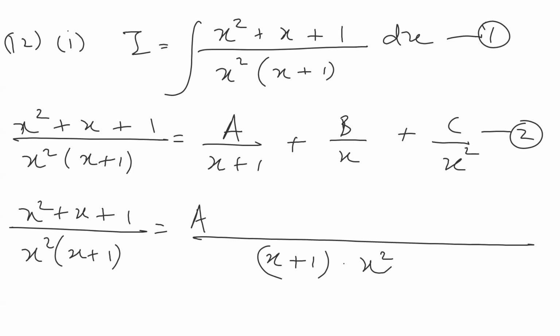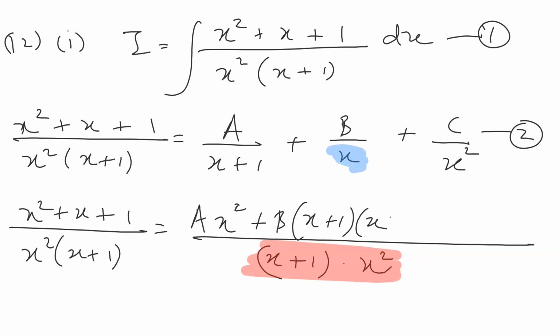So for A, the red colored part divided by the blue colored part will give me x square. Plus B, the red colored part divided by the blue colored part, so one x will get cancelled, giving x plus 1 into x.